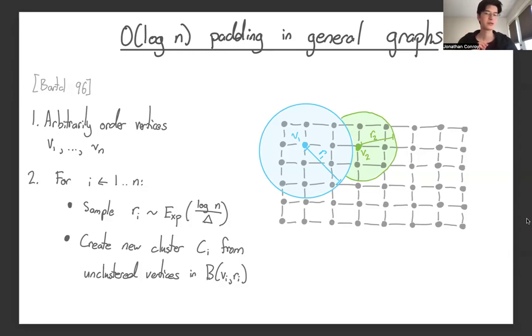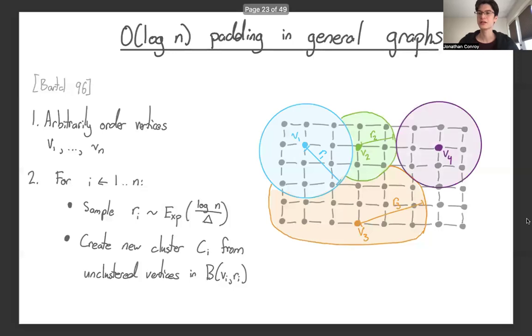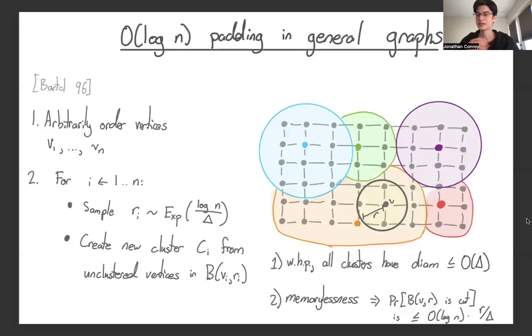Okay, so we proceed through the graph. We iteratively carve these random balls until we've partitioned the entire metric space. One can show, using the memorylessness property of the exponential distribution, that any radius r ball is cut with probability at most r times log n divided by delta.